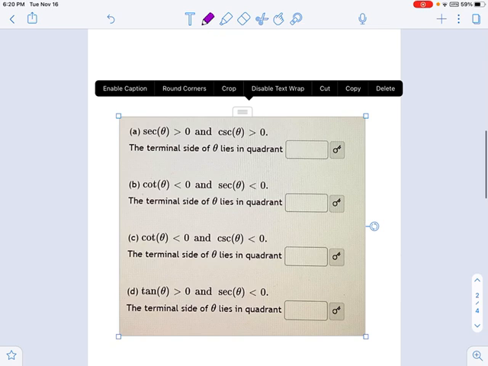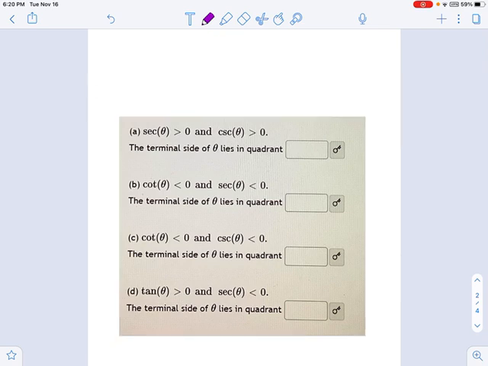And you see, now when we're talking about these clues, I can say, oh, secant positive, that means x is going to be positive. Cosecant positive, that means y is going to be positive. So therefore, this is quadrant 1. Cotangent less than 0. Well, okay, that means I'm either in quadrant 2 or quadrant 4. That's where tangent and cotangent are both negative. Secant less than 0, though?